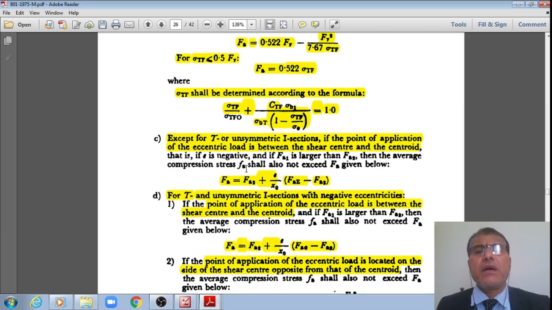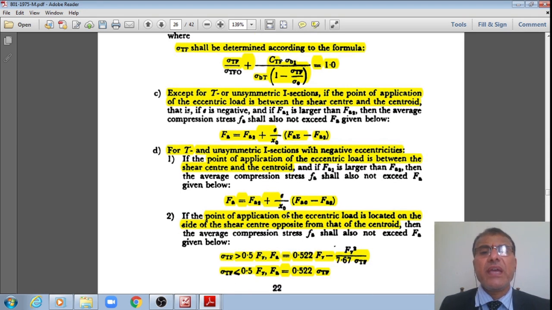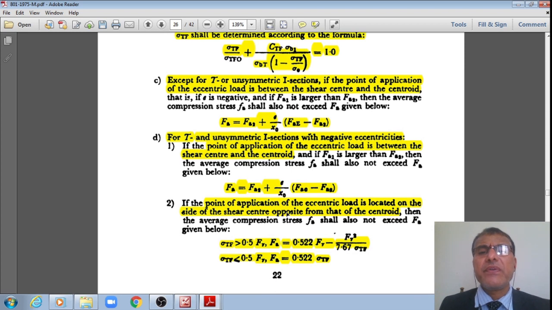Now, except that for T and unsymmetric I sections, if the point of application of the eccentric load is between the shear center and the centroid, then Fa is equal to Fa2 plus e divided by x naught multiplied by Fae minus Fa2. For T and unsymmetric I sections with negative eccentricities, if the point of application of the eccentric load is in between the shear center and the centroid, then Fa is equal to Fa2 plus e divided by x naught multiplied by Fac minus Fa2, right?